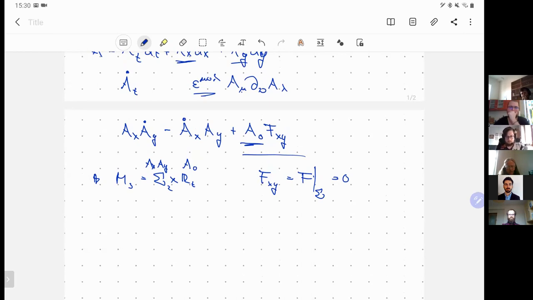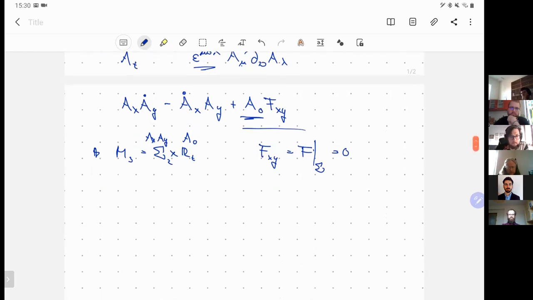Just a comment on how you would quantize this. You can take the long way, but you can also be smart about it. The long way would be a canonical analysis. You would look at the canonical momenta and realize there are some constraints, and you would calculate the secondary constraints and apply this whole Dirac technology. But you can also do the simple thing: if you stare at this first part, you identify it as a Lagrange multiplier enforcing a constraint.